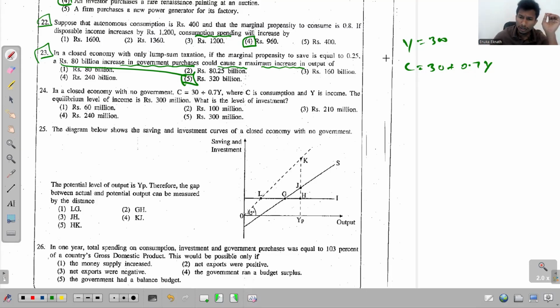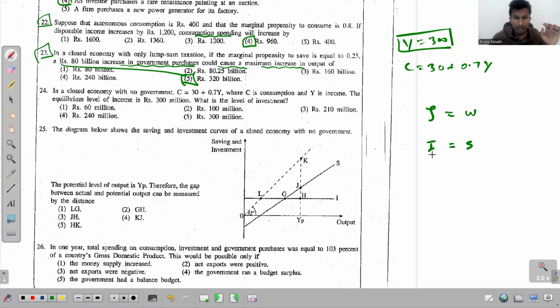All right, so this is somewhat very easy. What happens at the equilibrium? Injections become equal to the withdrawals in the economy. And if it's a simple economy, the only injection in this economy is investment, and the only withdrawal must be savings, right?